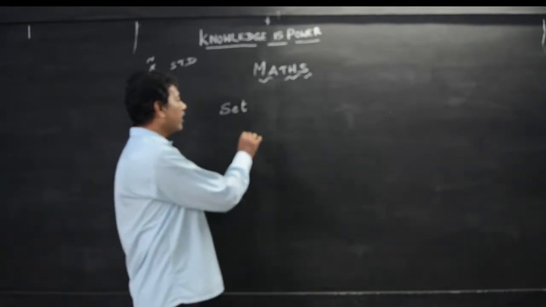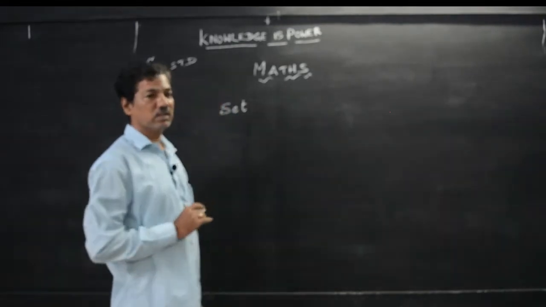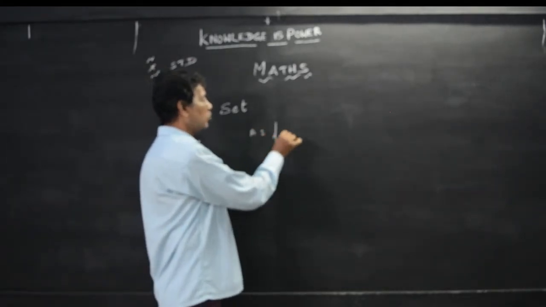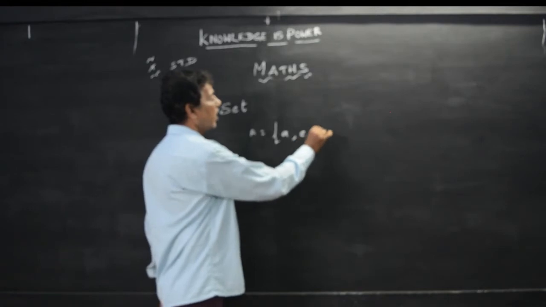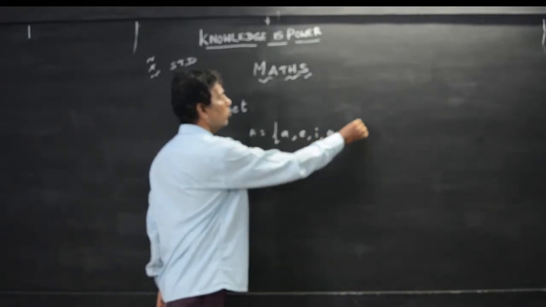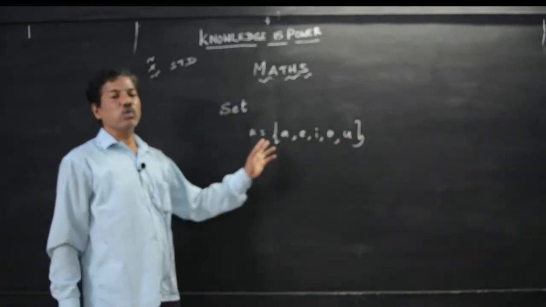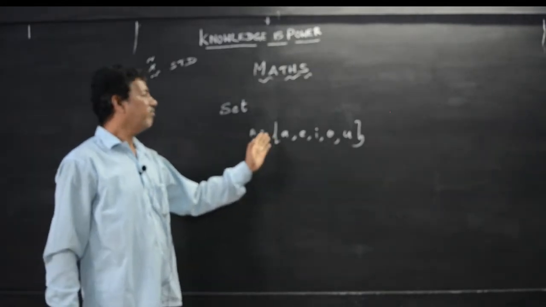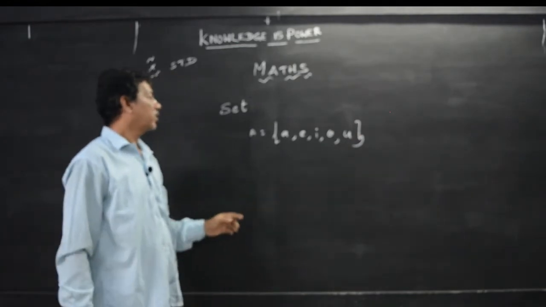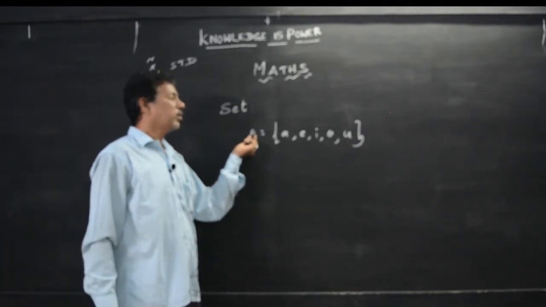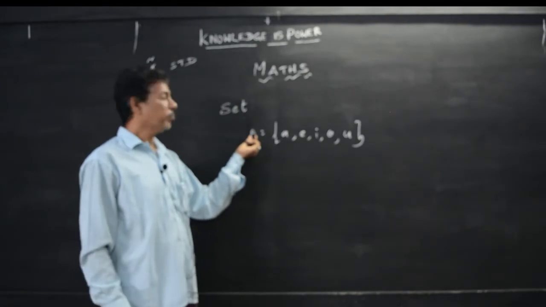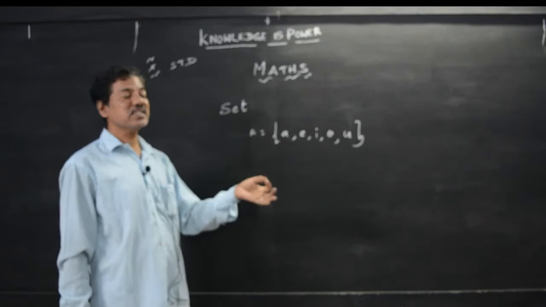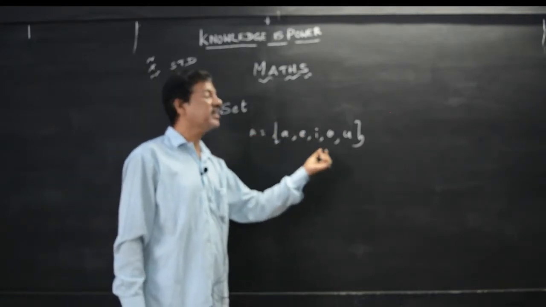For example, the set of vowels, which we studied last year: A = {A, E, I, O, U}. This is one example of how we can represent a set within set brackets. A represents the set, and A, E, I, O, U represent the elements present in the set.